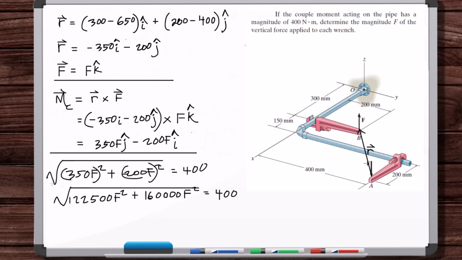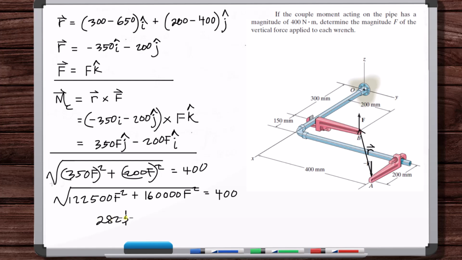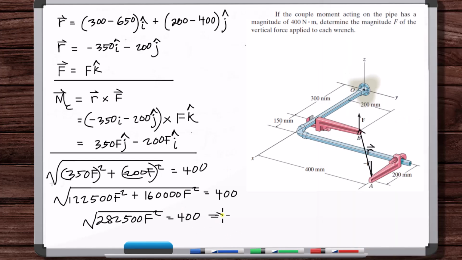Okay, so we can add these to 82,500. Now the square root of this is 531.5. Now, wait a minute.